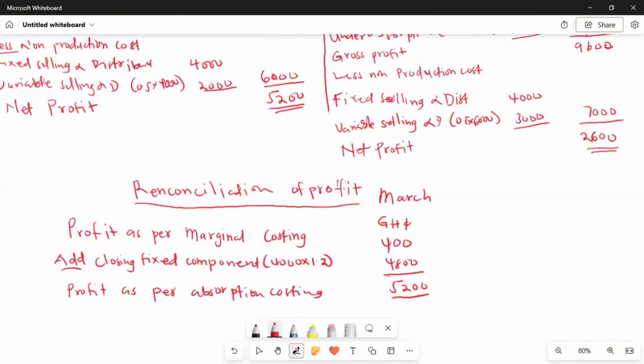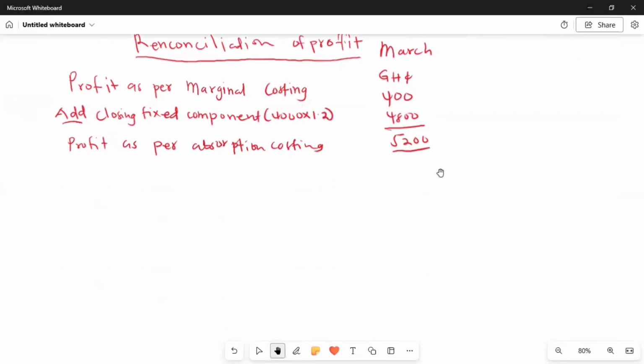Let's reconcile the profits of April. Let's reconcile the profit of April. So reconciliation of profits for April.